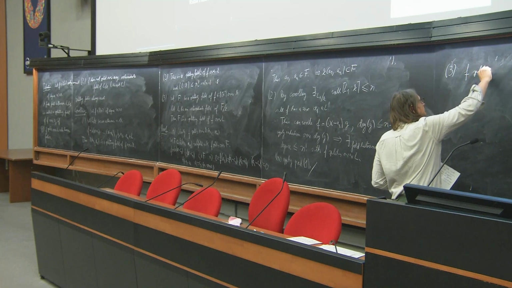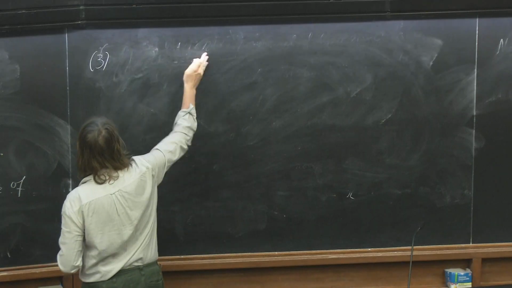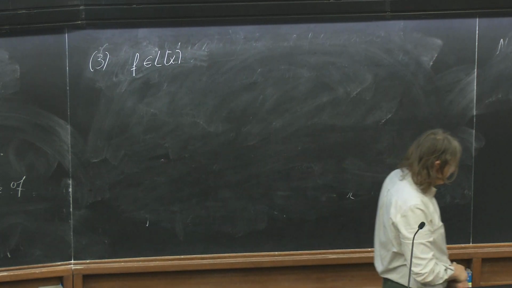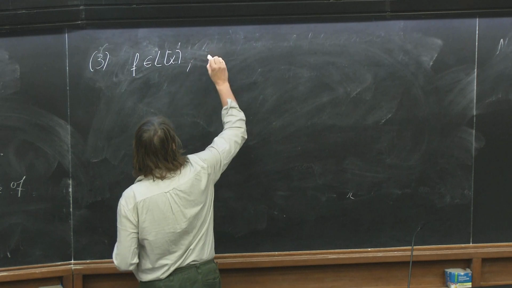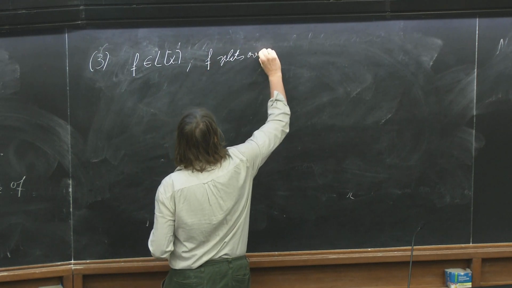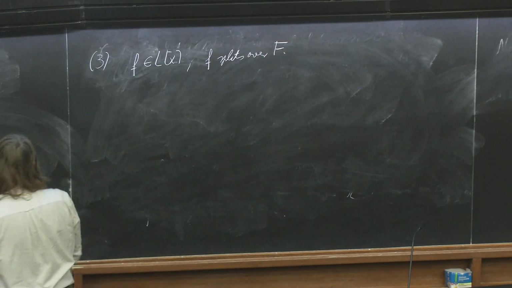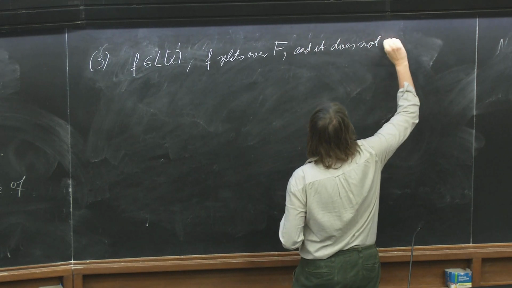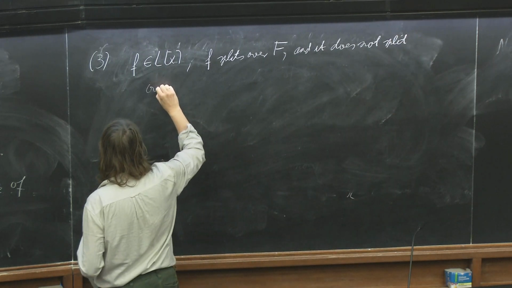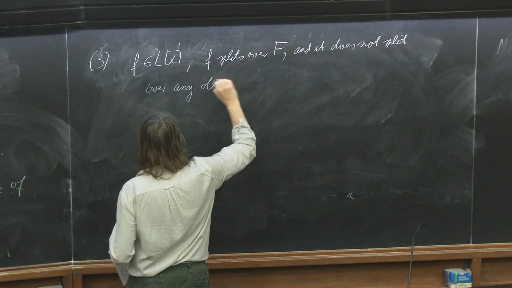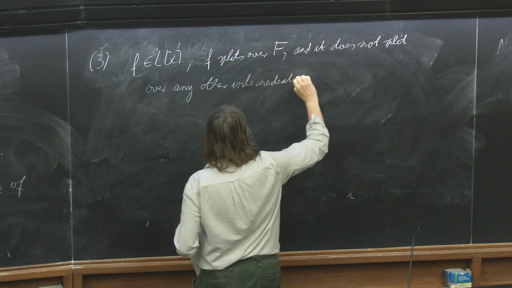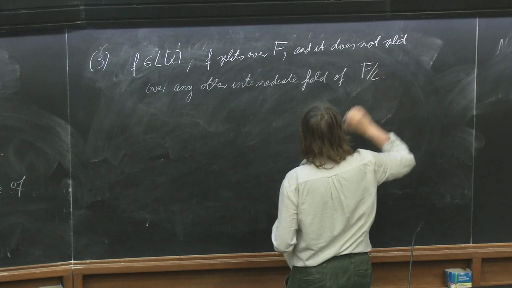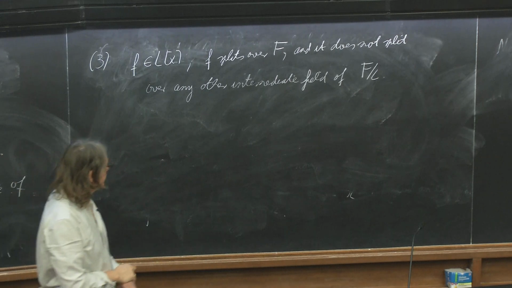So first, obviously, f is also an element in L[x], since K is contained in L. f splits over F, because that's what we have asked, and it does not split over any smaller field. Well, that's the definition of the splitting field.